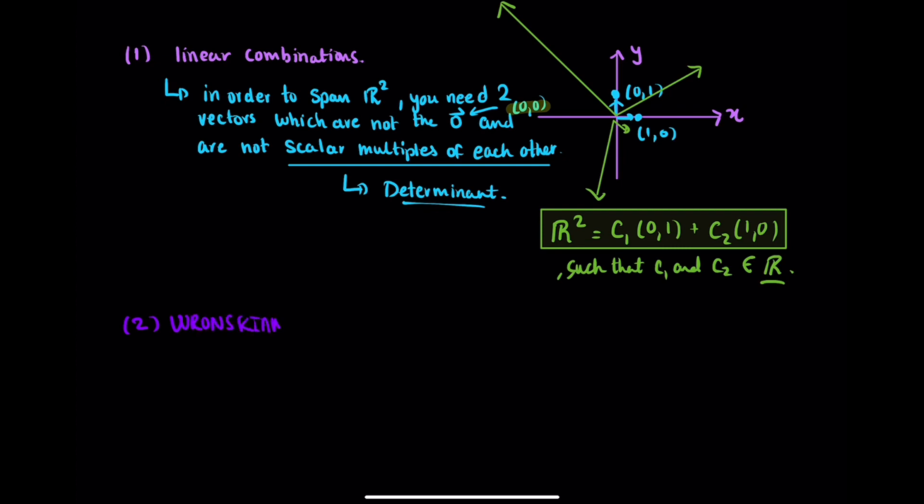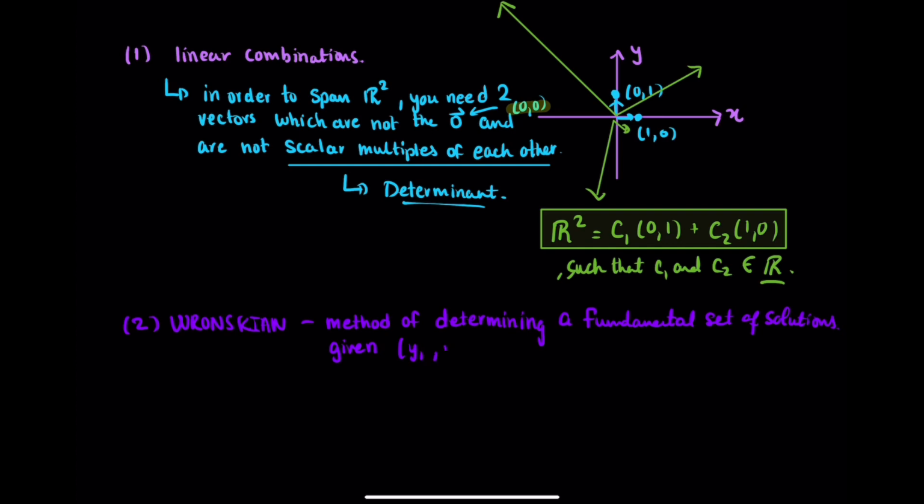The Wronskian is a method of determining a fundamental set of solutions given y1 and y2.